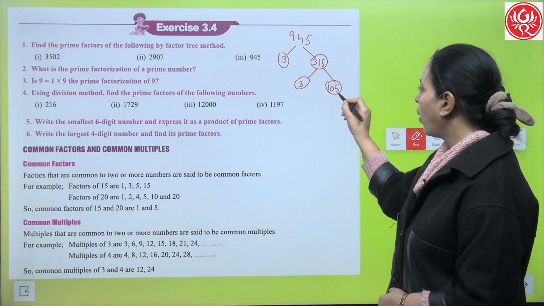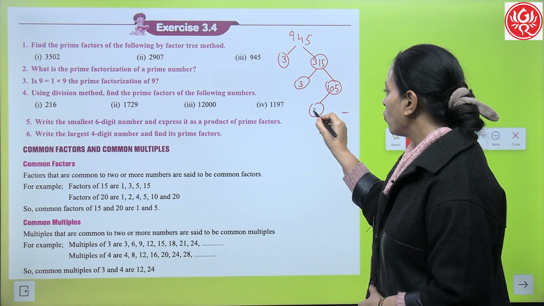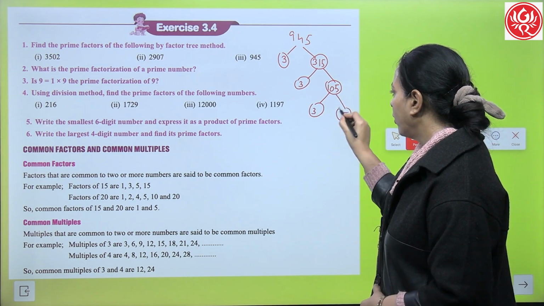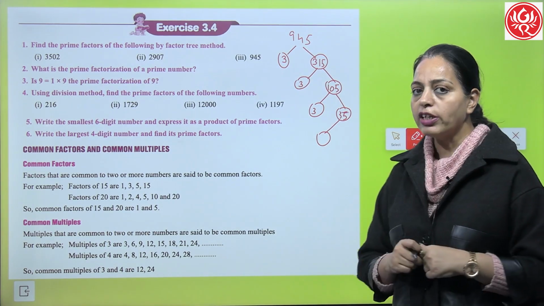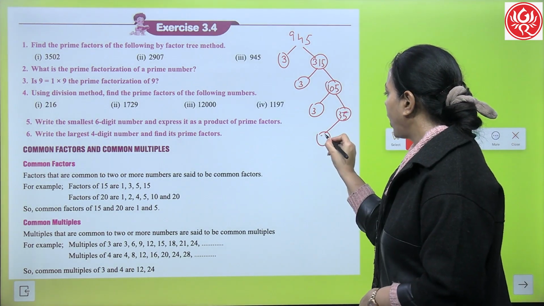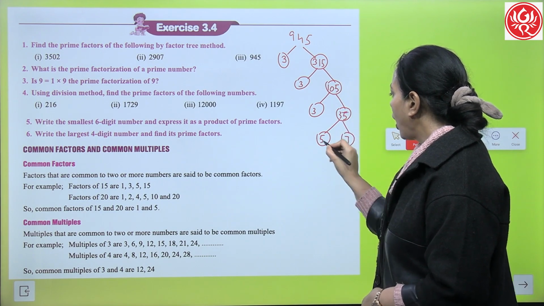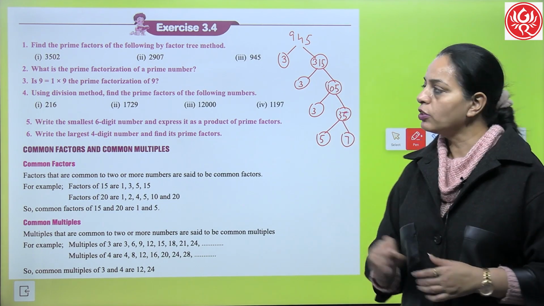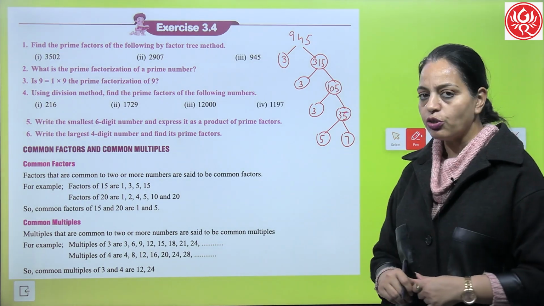So here now 105 is divisible by 3 again. So you will get 3 here and here 35. Now 35 is not divisible by 3, it is divisible by 5 and here you will get 7. Now both are prime numbers, so now we can stop. So I hope this is clear to you.